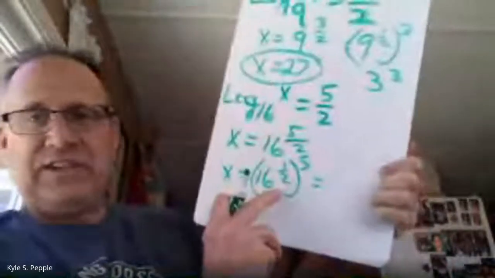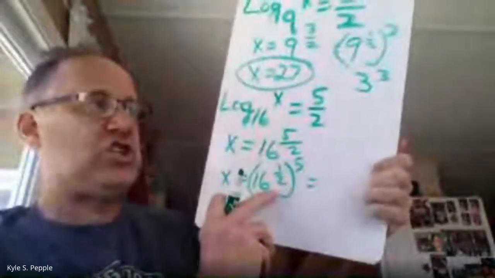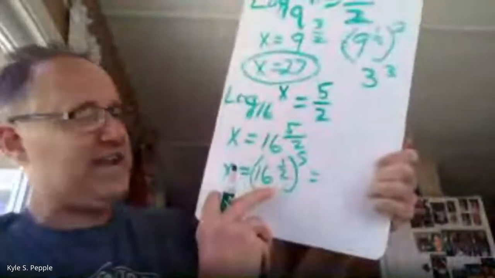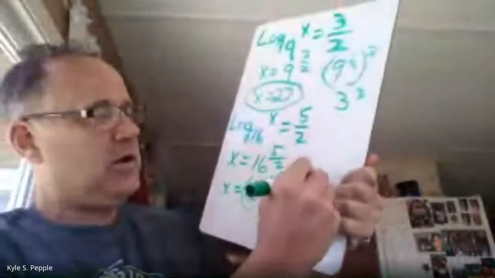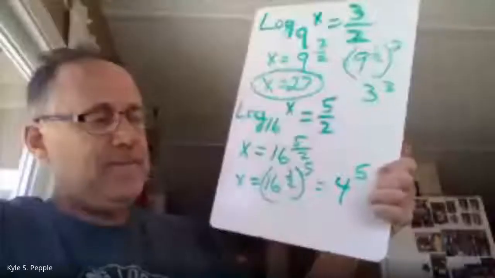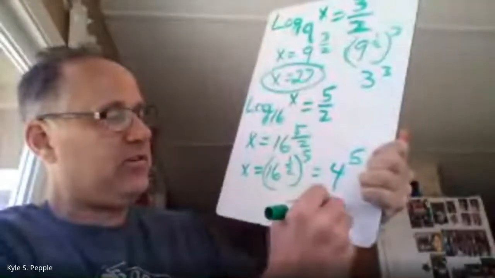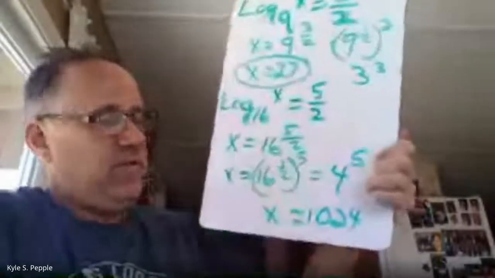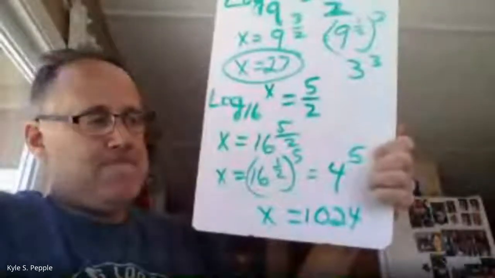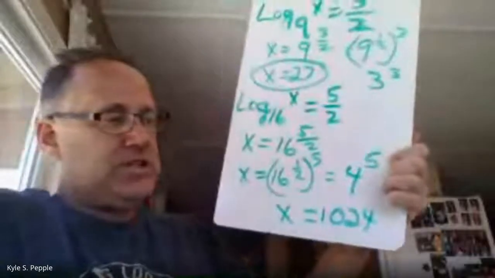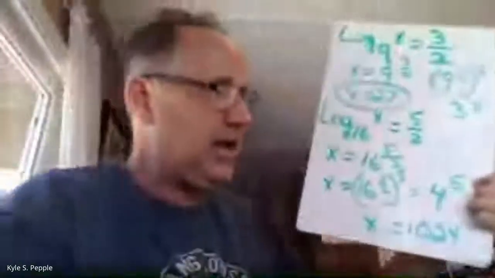The 16 to the 1/2 is the same thing as the square root of 16, which would be 4, to the 5th power, and 4 to the 5th power would be 1024. Okay, so solving logarithmic equations.